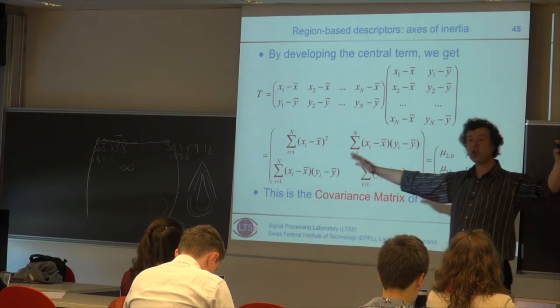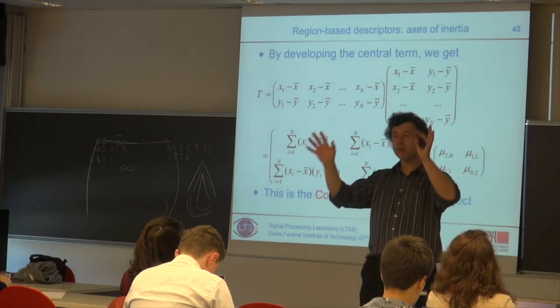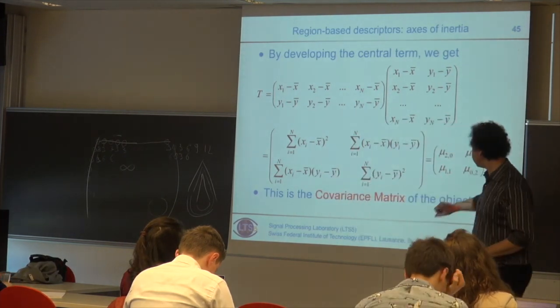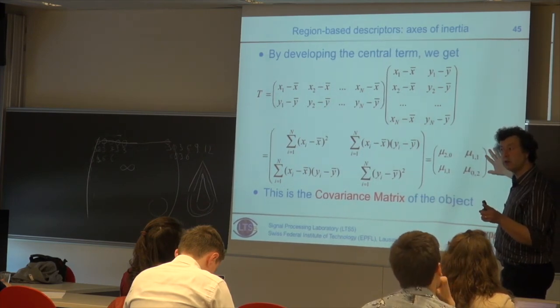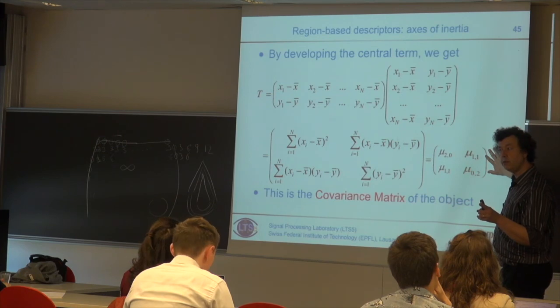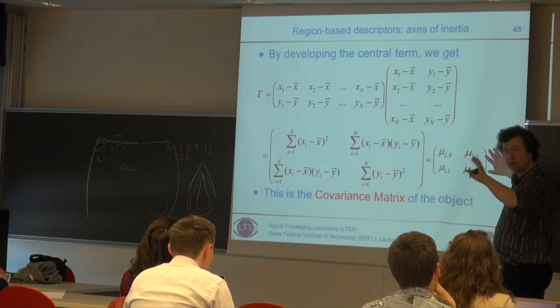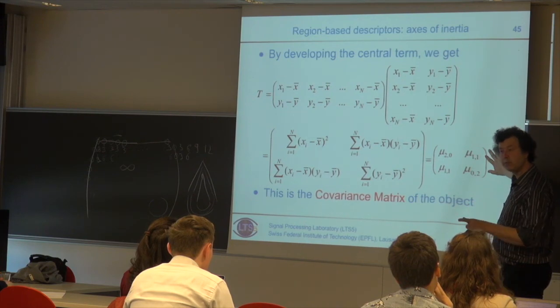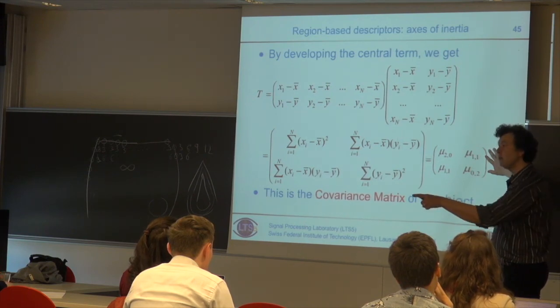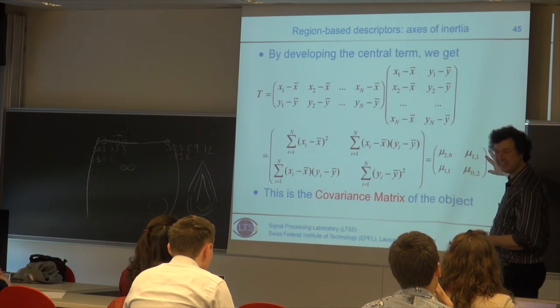If I have a large 2D object with millions of points describing it, what is the size of the covariance matrix? Millions by millions? 2 by 2? It's 2 by 2.